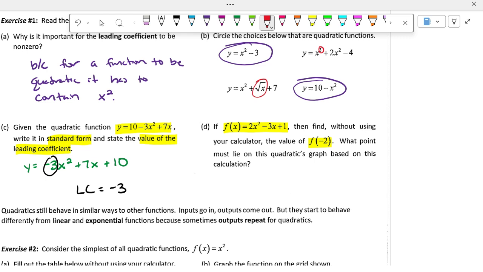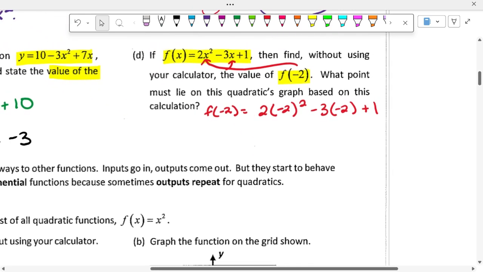So when we take f of -2, that means we plug in -2 for every x we see and then do order of operations. So I got f of -2 is equal to 2 times -2 squared minus 3 times -2 plus 1. Haven't done any simplifying yet. All I've done is plug it in.